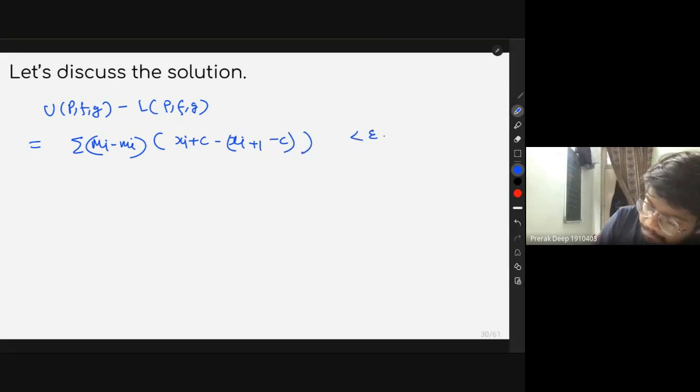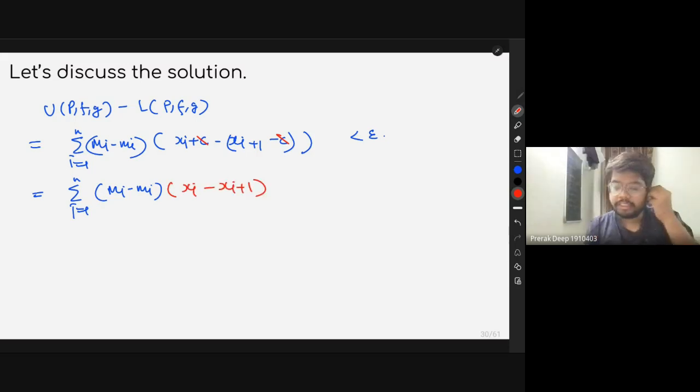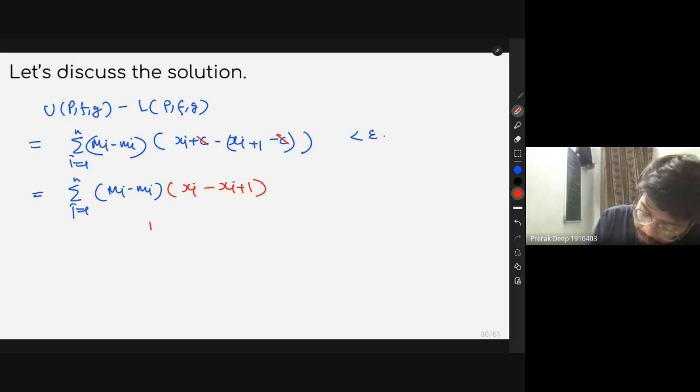This is smaller than epsilon, with i varying from 1 to n. And now c is getting cancelled out and you are getting the usual difference we take in the Riemann integral.